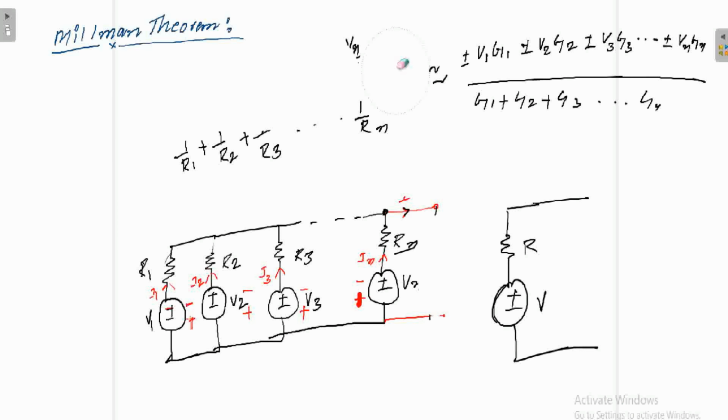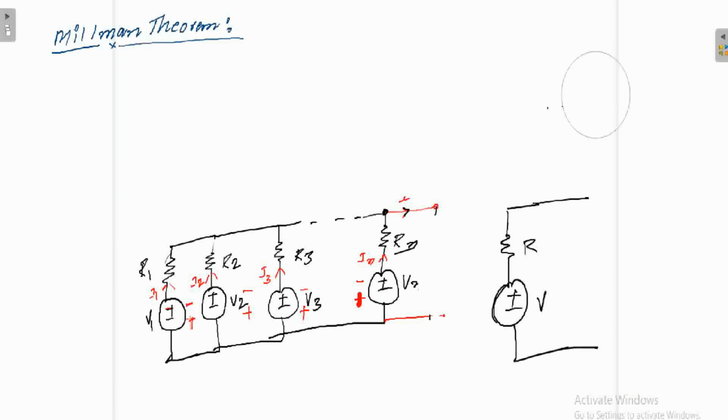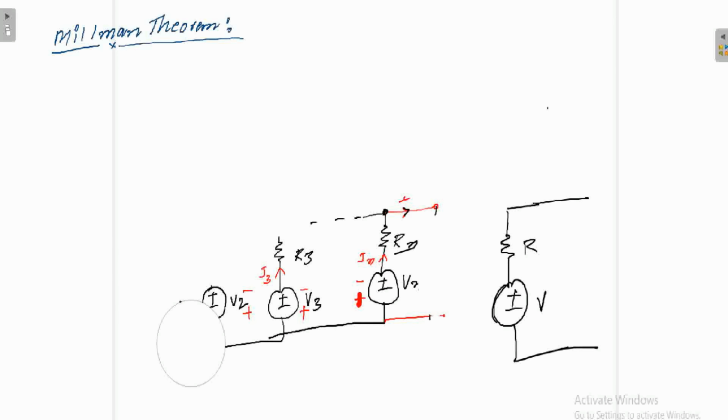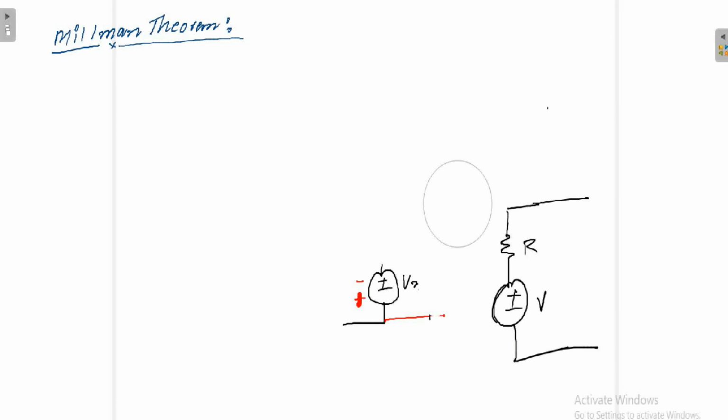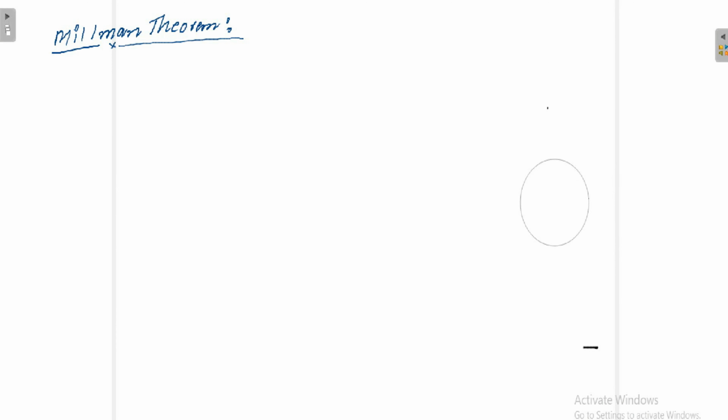Let us take a problem which was asked in the 2019 GATE examination for the EE branch. What type of question have they asked? They have asked you to find some current.